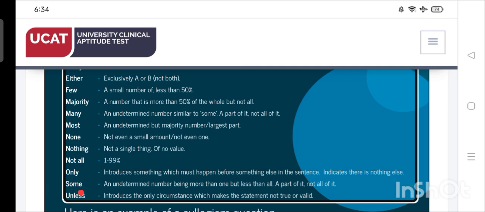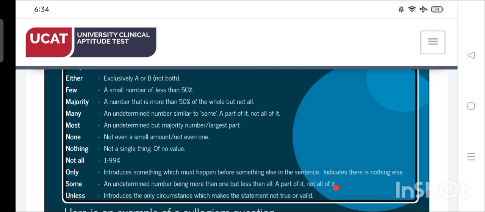Some: an undetermined number, being more than one but less than all. A part of it, not all of it. So some means more than one but less than all.